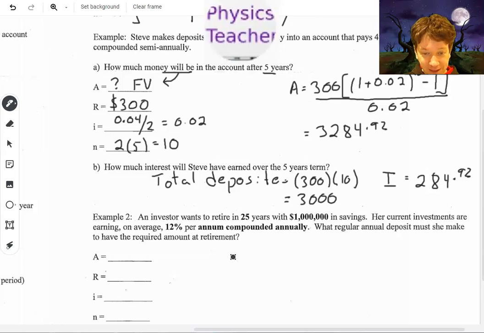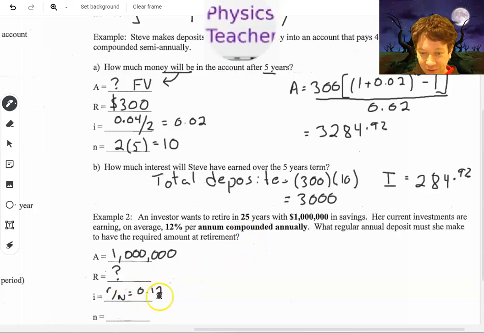Okay, so that means A, our future value, we know what that is this time. It's $1 million. What we're trying to solve for is R, our regular payments every year. I will be R over N, which is our interest rate, which is 12%, so 0.12.